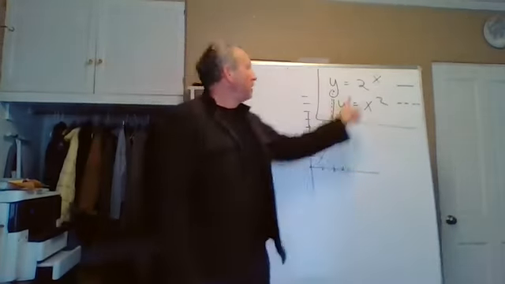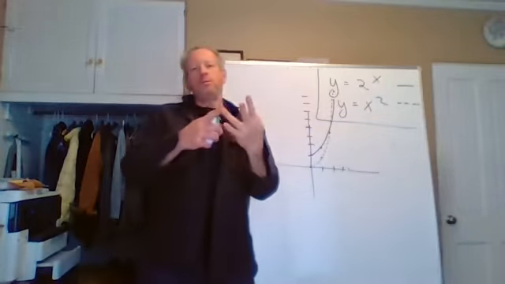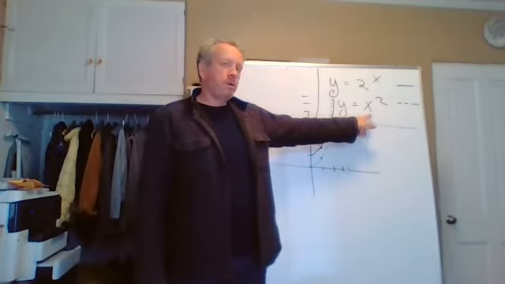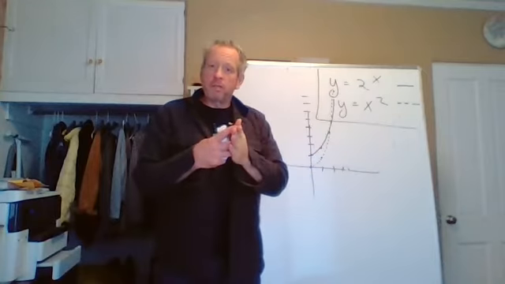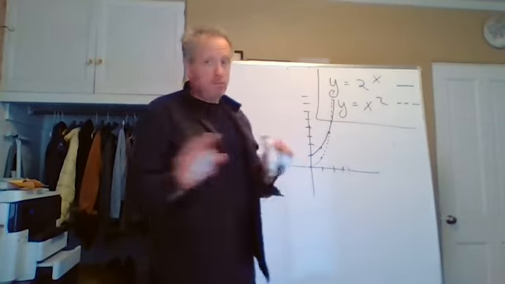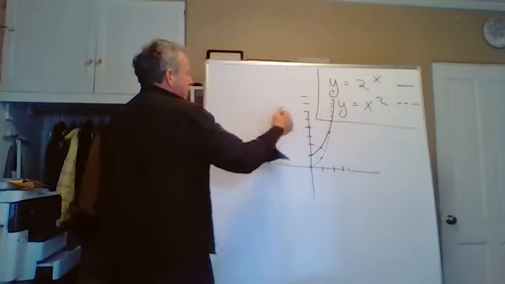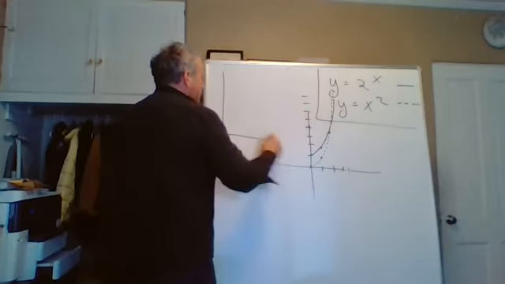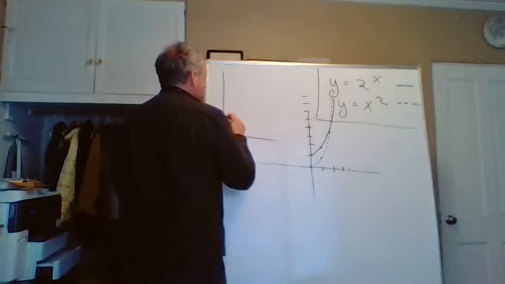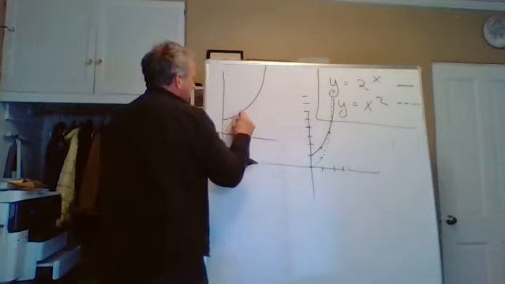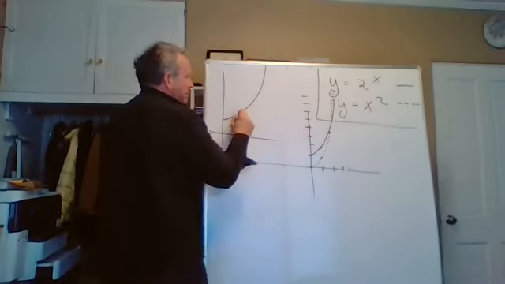X equals 4. What's 2 to the 4th? 2 times 2, 4, 8, 16. Put a 4 in there. What's 4 squared? 16. Hey, wait a minute. They come back together again. Now, this is going to be tough to graph without a piece of graph paper, or maybe I don't have enough room here. But it looks as though the dashed line came up here, caught up to the solid line.